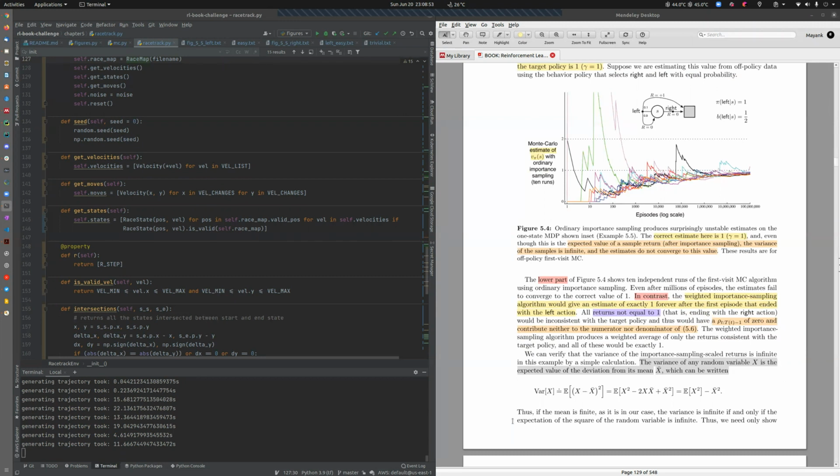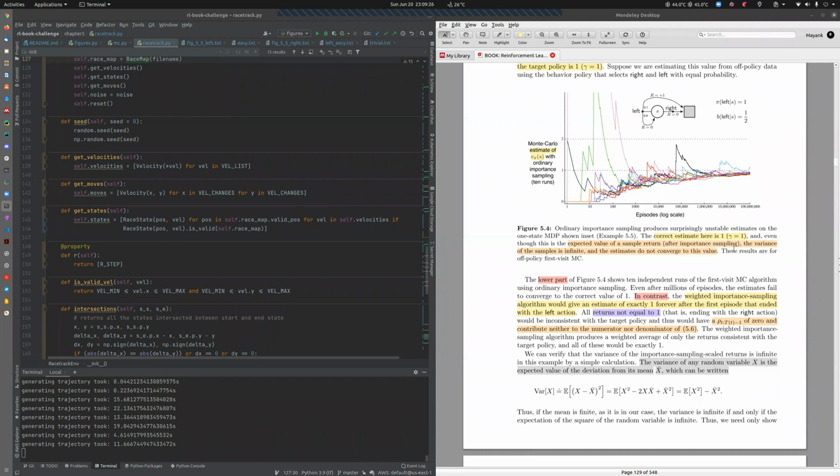The other thing was the weighted importance sampling algorithm that we had. That gave an estimate of 1 with the left action, forever.